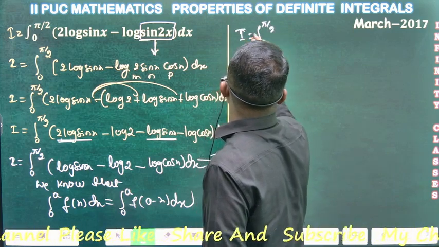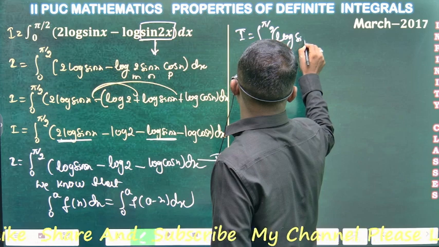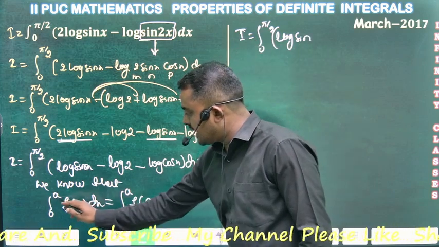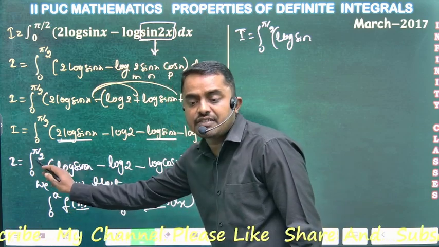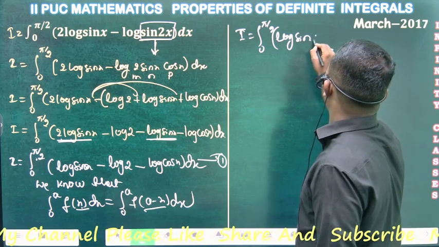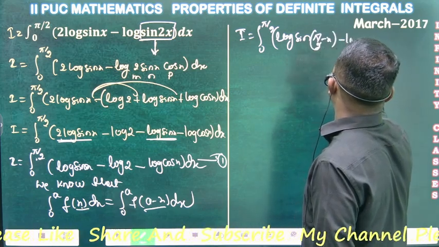that is log of sin x changed to what? a minus x. What is a here? 5 by 2. That is 5 by 2 minus x. Log 2 as it is, minus log 2 as it is.